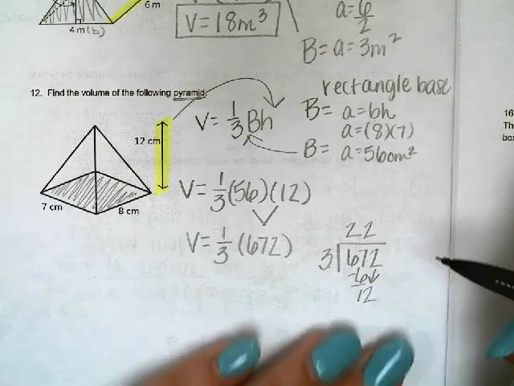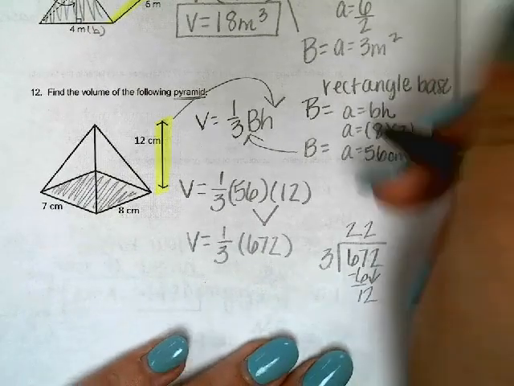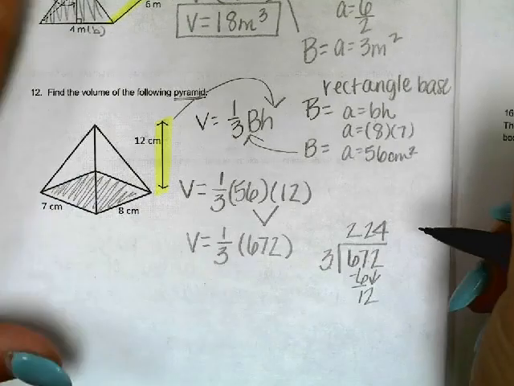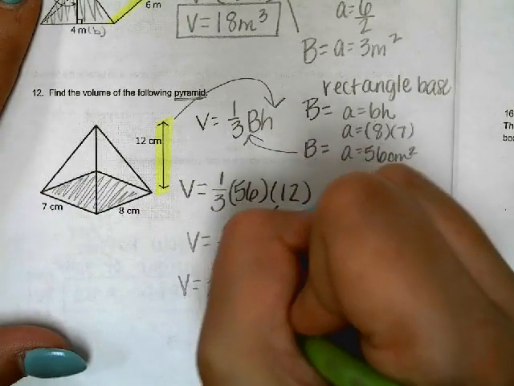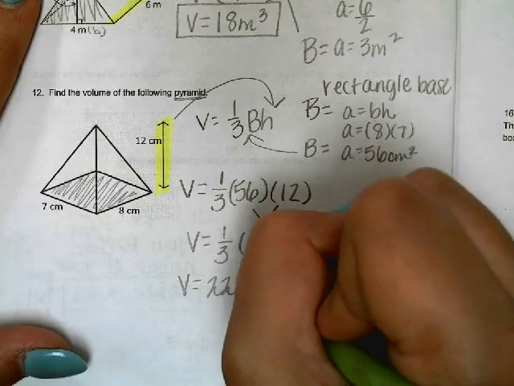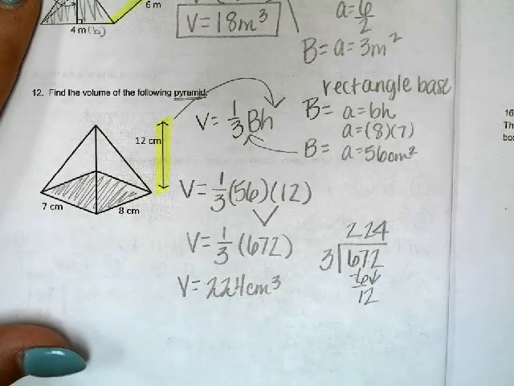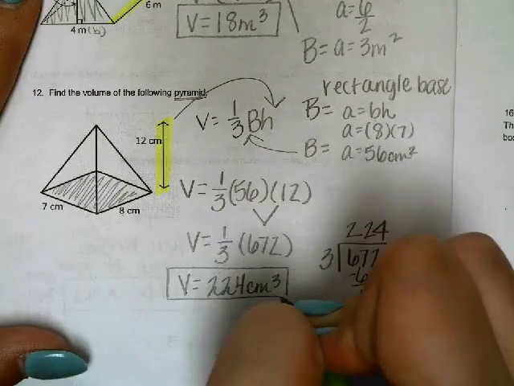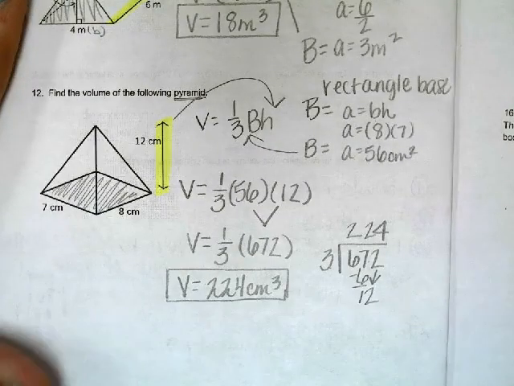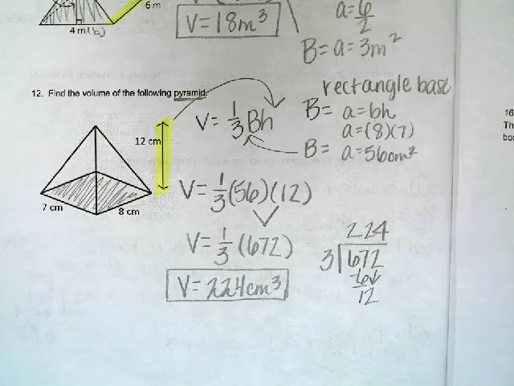Carry down your 2. 3 can go into 12 4 times. So the volume of this particular pyramid is 224 centimeters cubed. Make sure when you have pyramids, you are dividing by 3 at the end.